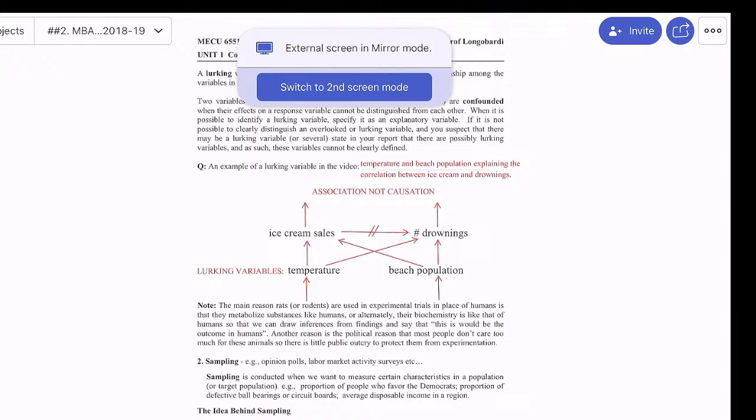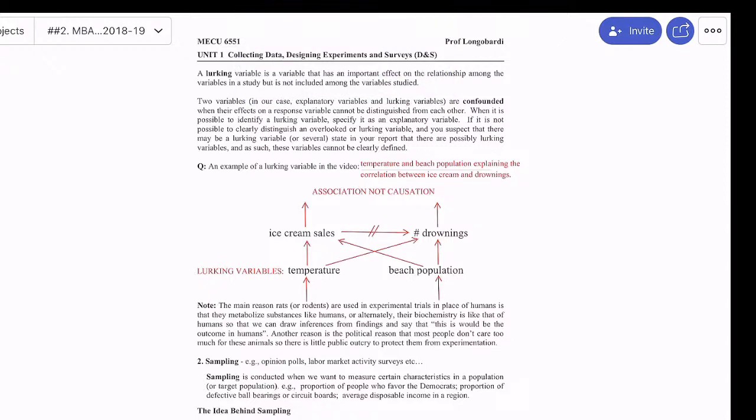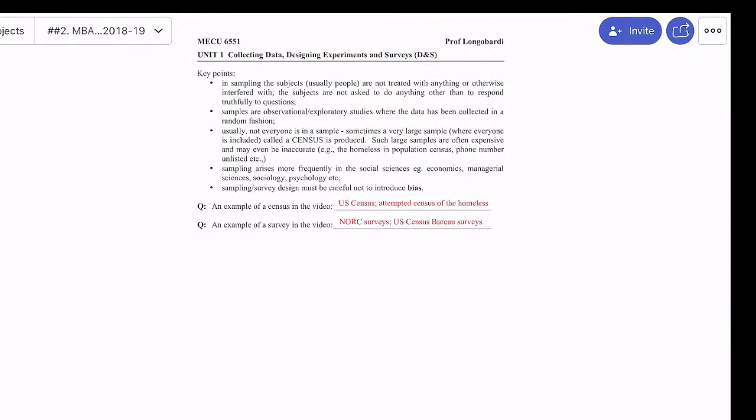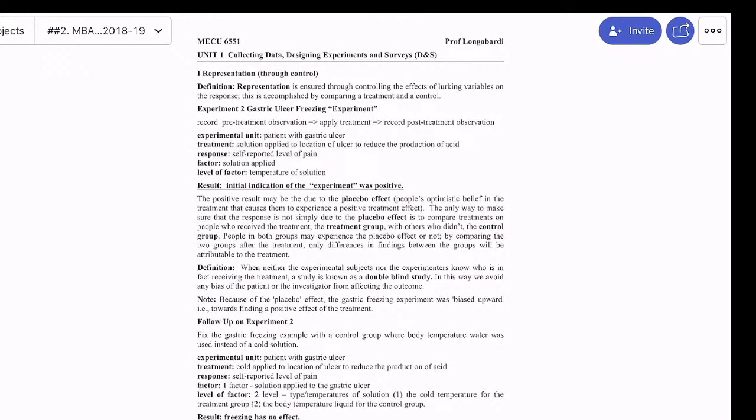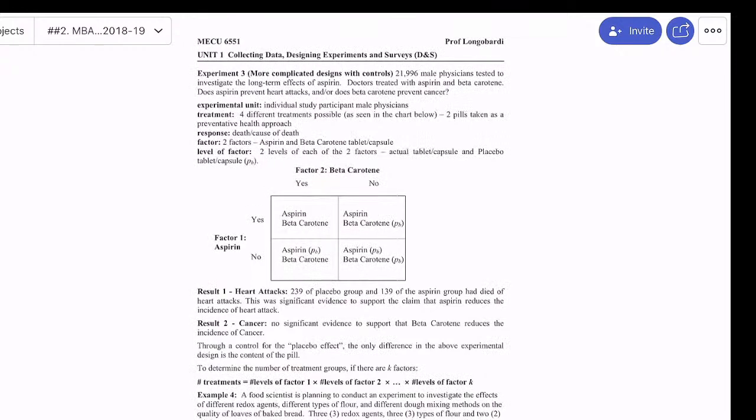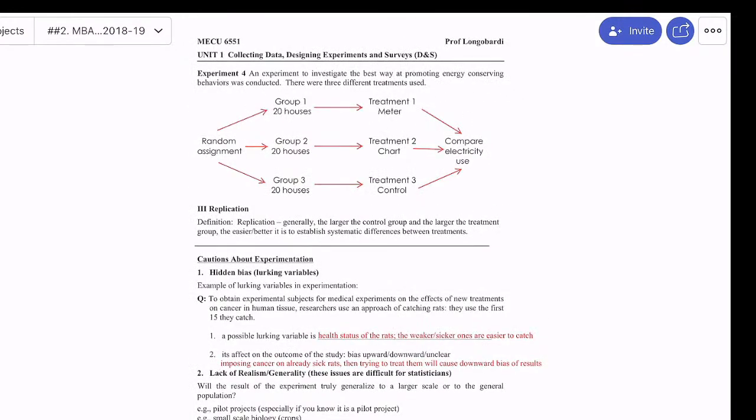All right, so we're going to pick up here next week. You guys can read through the notes. Now you have the Moodle page and you can read through the rest of the notes. Next week I'll complete the presentation of Unit 1 and begin Unit 2.